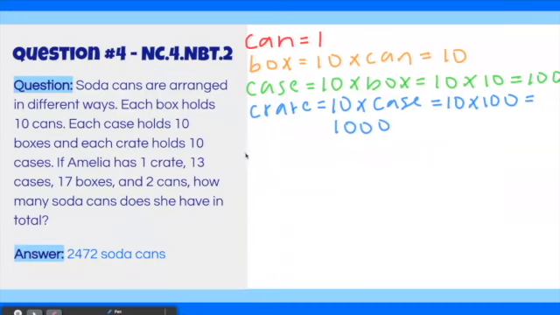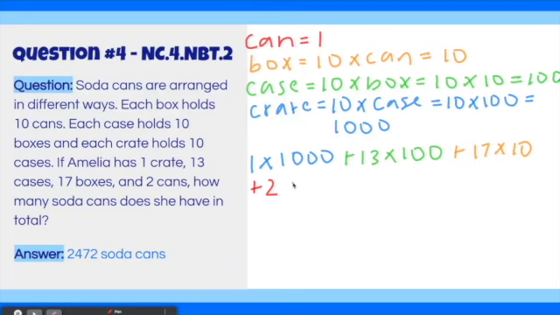So now it says Amelia has one crate. So that's 1 times 1,000. And it says she has 13 cases. So plus 13 times 100, because each case holds 100 cans. Plus 17 times 10, because she has 17 boxes and each box holds 10 cans. Plus 2 times 1, which is just 2.